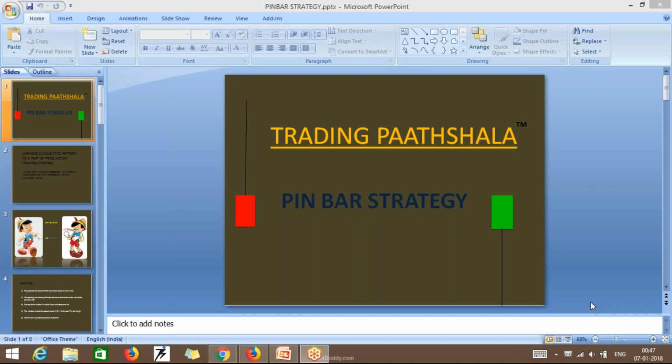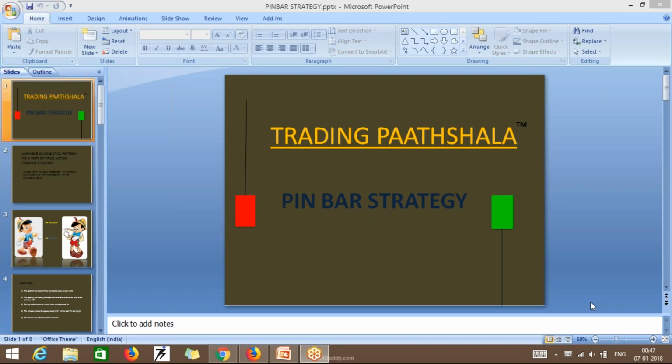So let's see a few details about the Pin Bar strategy, what exactly it is and how we need to trade it. Today I will just give a few glimpses about it. As days go on, I will tell you in depth about the Pin Bar strategy.